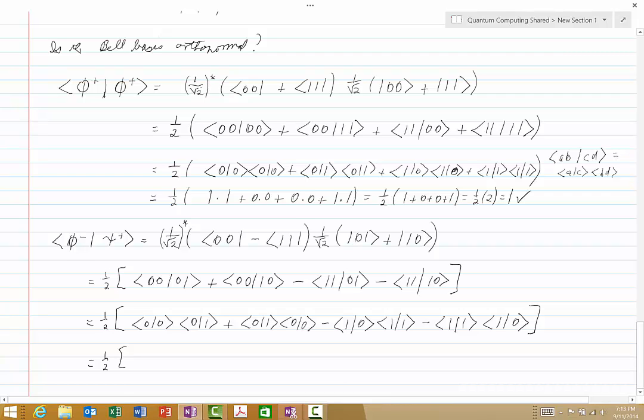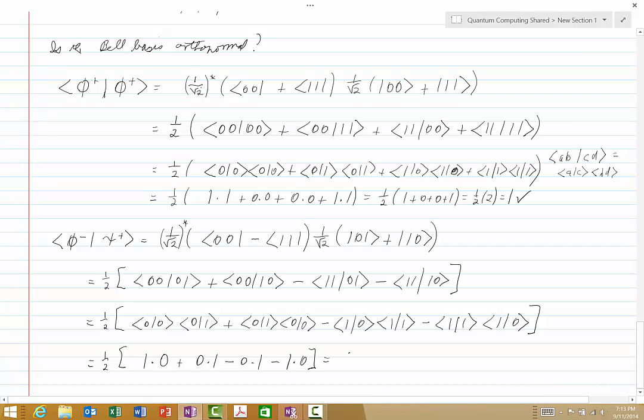Well, we know that 0 inner product with itself is 1, but the inner product of 0 and 1, those are orthogonal vectors, so we get 0 and 0 times 1 minus 0 times 1 minus 1 times 0.